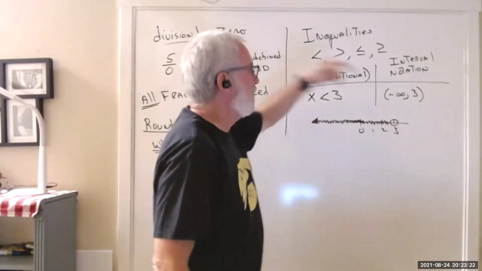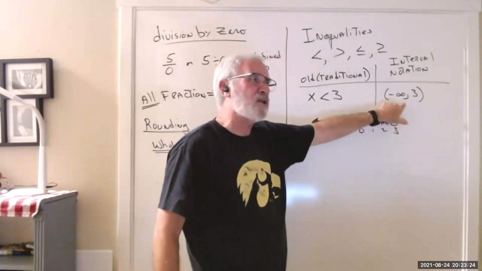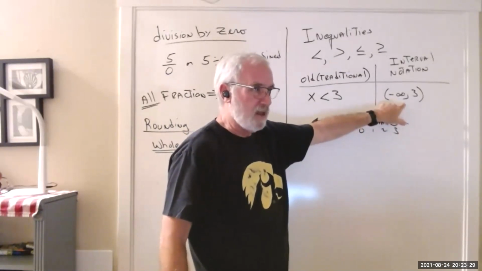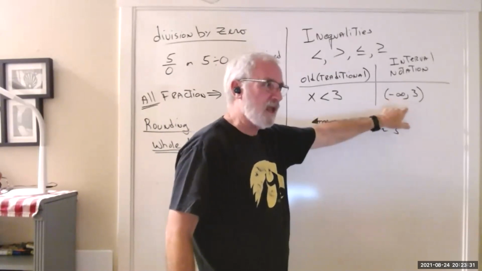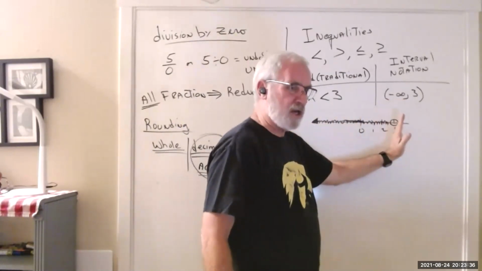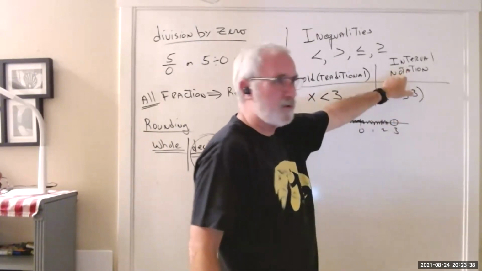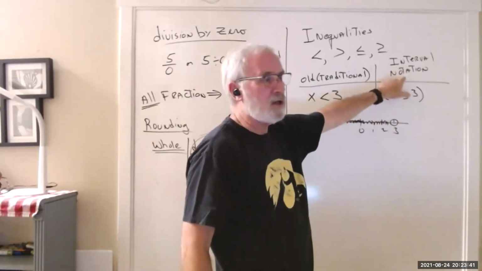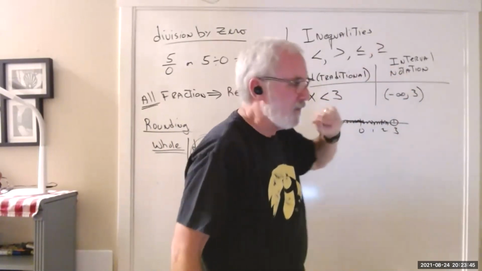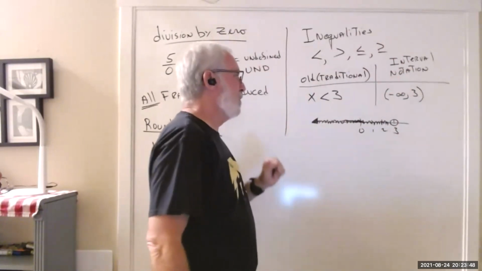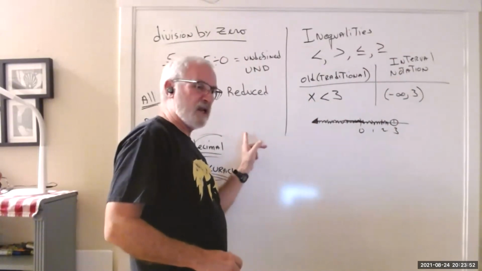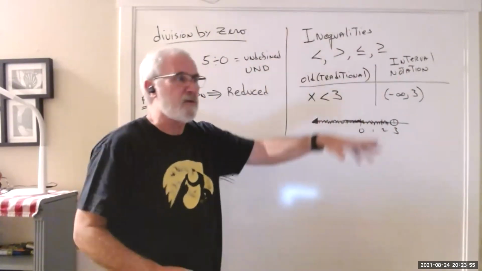Okay? In the new way, it simply describes what is shaded on the number line. So on the number line, everything from negative infinity up to 3 is shaded. That's what interval notation describes. What is shaded on the number line? Okay, now here's the catch. You can never reach infinity, negative infinity or positive. You can't reach it.